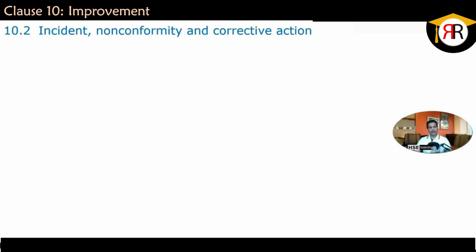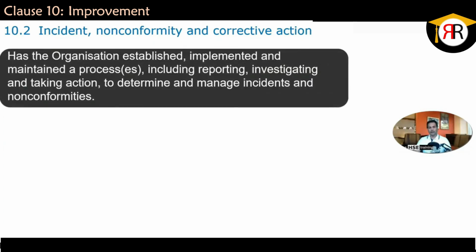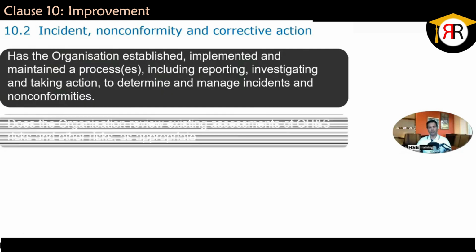10.2 relates to incident, non-conformity and corrective action, following on from our previous clause on auditing. Has the organisation established, implemented and maintained a process or processes, including the reporting, investigating and taking action, to determine and manage incidents and non-conformities?